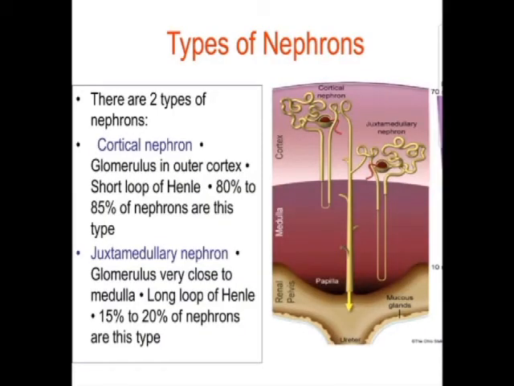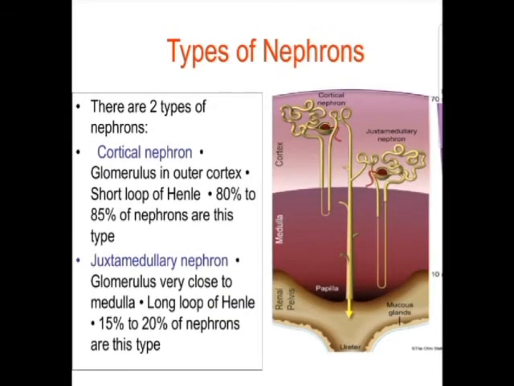Let's talk about the types of nephron. There are three types: the superficial cortical, the mid-cortical, and the juxtamedullary nephrons, classified depending upon the location of their renal corpuscles. This is the superficial cortical nephron because the renal corpuscle is located on the outer part of the renal cortex.